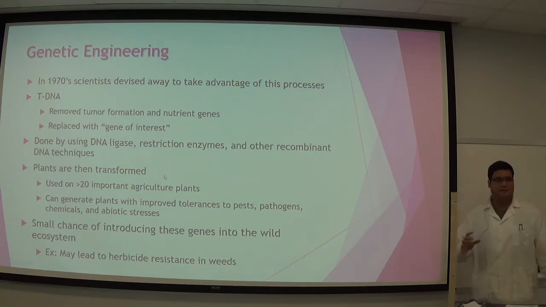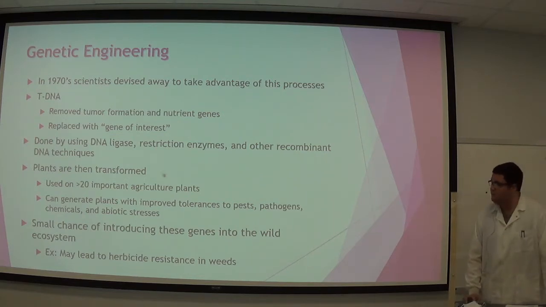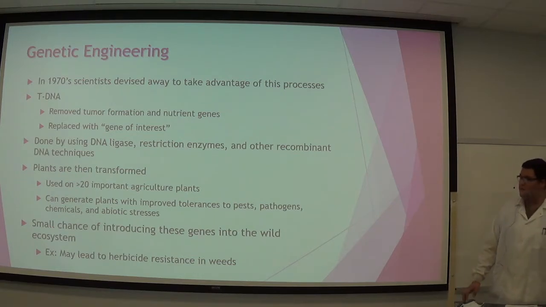So they put this Ti plasmid into Agrobacterium that did not have a Ti plasmid, and then they transformed plants with that bacteria containing the gene of interest, and they were able to get plants with improved tolerances to pests, pathogens, chemicals, and even abiotic stress. So this is a method by which we're able to create GMOs, genetically modified organisms, or in this case, genetically engineered crops.